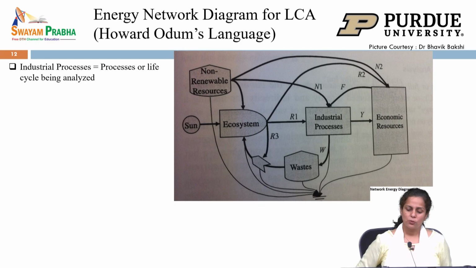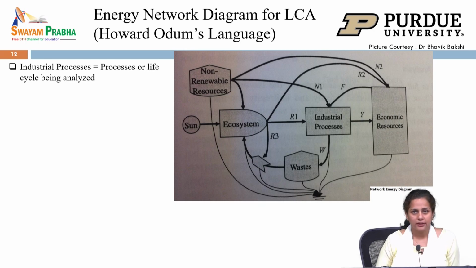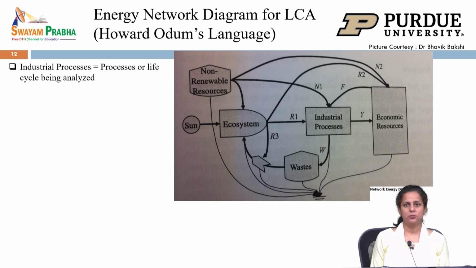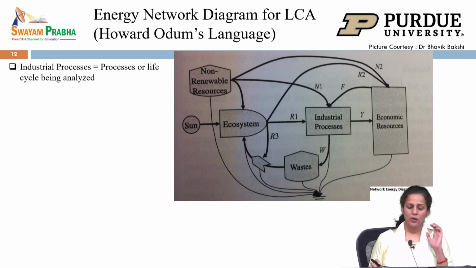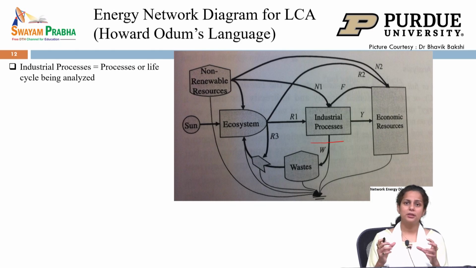So, when we go to the life cycle scale, we start looking at the energy network diagrams or the energy flows in the whole network. So, here if you look at this system, we have the energy flows to the industrial processes. So, in most of our LCA studies or sustainability study, when we are making decision about product life cycle or process life cycle, we have the different industrial processes.